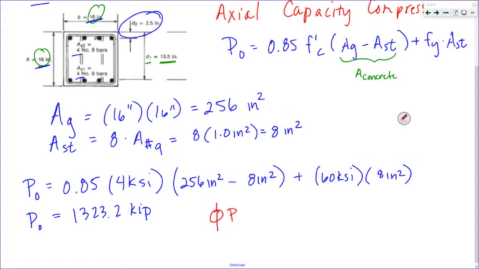Phi Po. We're going to cap it in a second, but so let's see. Compression controlled. So phi is equal to, these are ties, so 0.65.